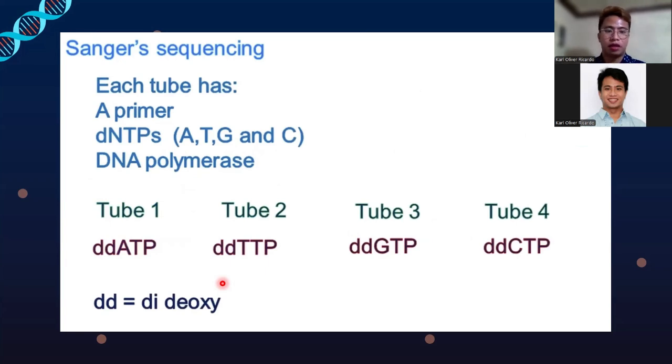Yung isa naman po will have the ddTTP. Yung isa naman po is ddGTP, and then the last tube will be ddCTP. So ito po is nasa lower concentration. And all of them will be radio labeled.